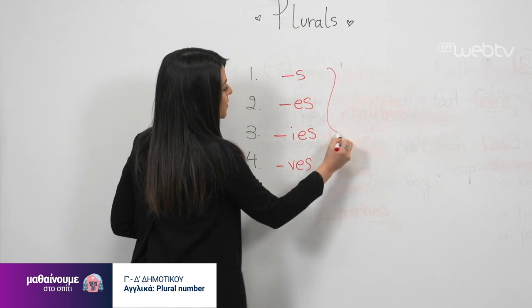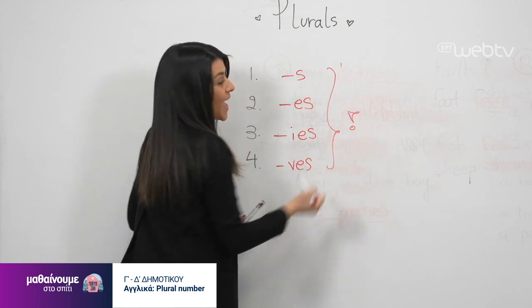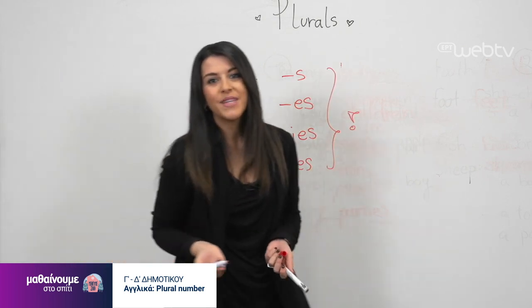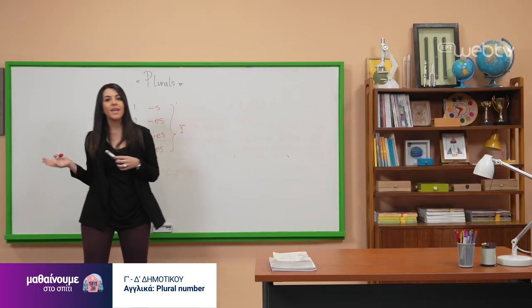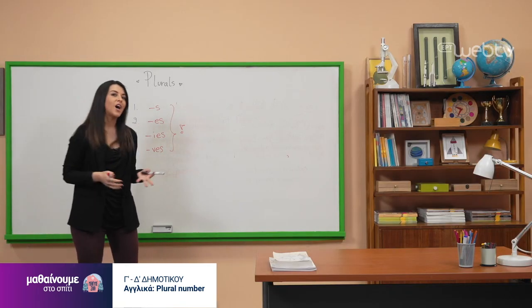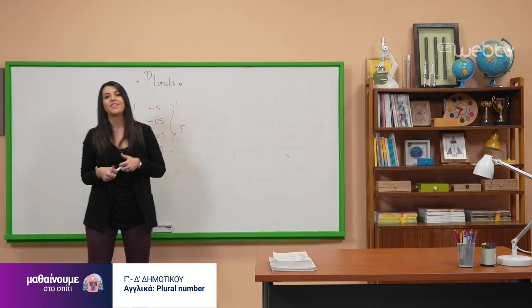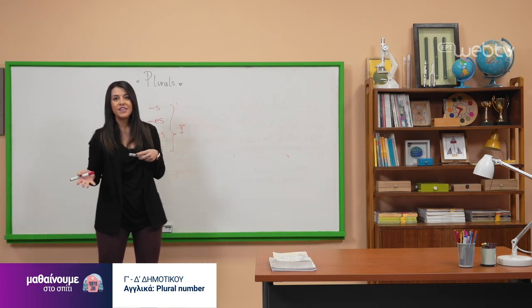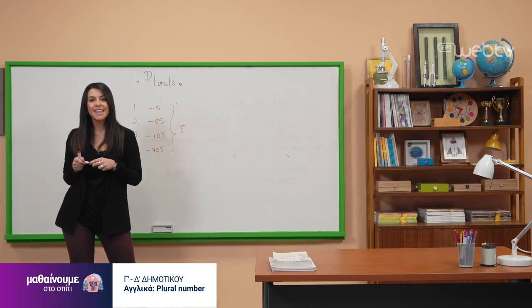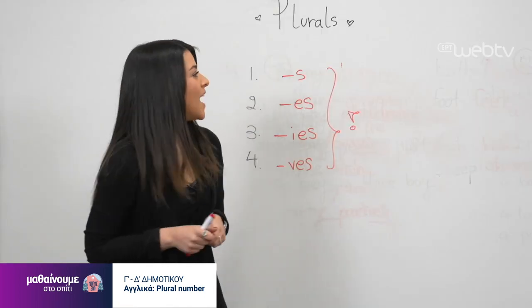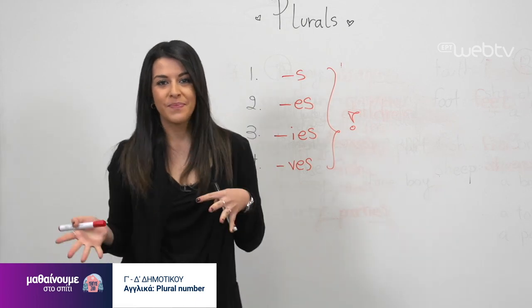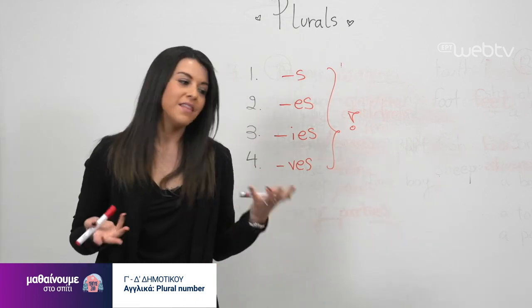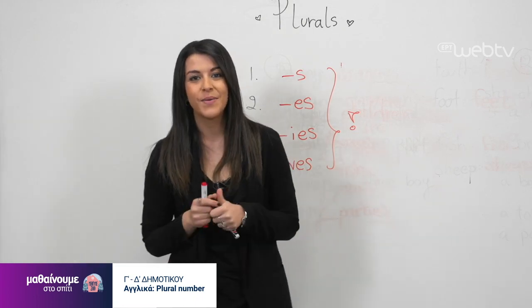Okay, these are the basic ones. And then the irregular ones that we said, that man, men, woman, women, child, children, person, people, mouse, mice, and then we have foot, feet, tooth, teeth, and finally fish, fish, and sheep, sheep. These are the most basic, the most important irregular ones, okay?